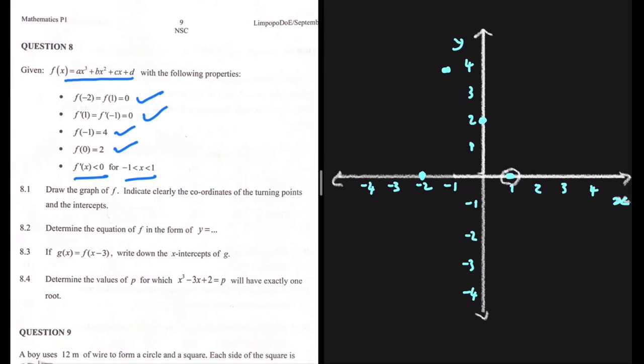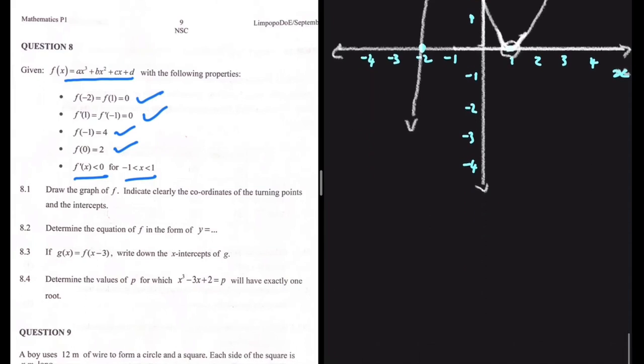Let's try connecting these points and see what we have. So here at x equals minus 1 and 4, we have a turning point. And then the same is true with x equals 1. We have a turning point right here. So we're going to have something that looks like this. Let's answer the following question.